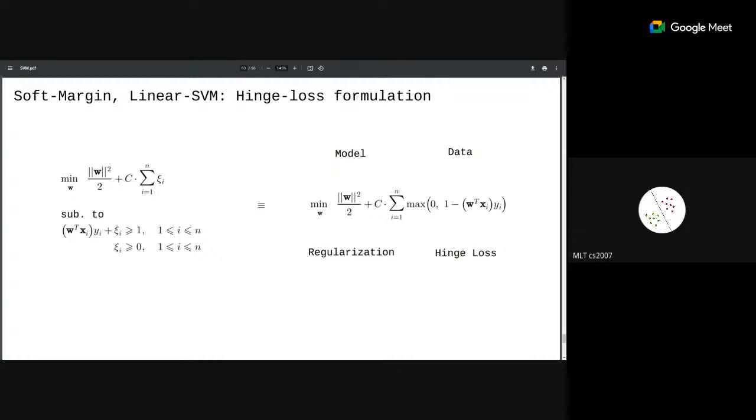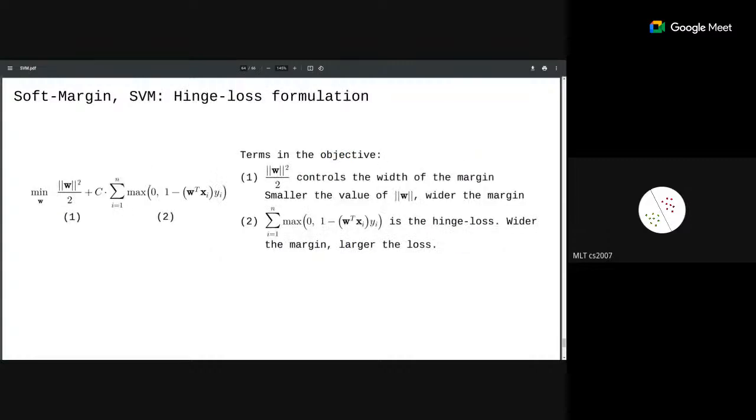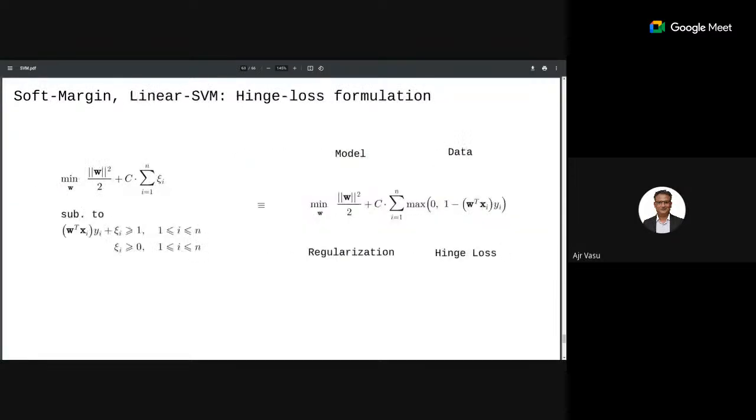So I have some pictures. In hard margin, there is no loss. We either classify everything correctly or we don't. Here, we are looking for a margin. The higher the margin, the better it is, because you can be that much more confident about the prediction.